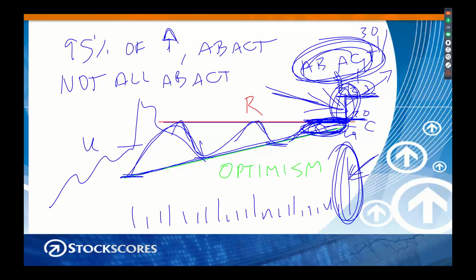So if you are an investor, longer-term trader, you're going to use a tool like Stockscores to find these stocks quickly. If you're a day trader, you would use something like the Stockscores Active Live service, where you can get real-time analysis of the market seeking abnormal activity in 1-minute increments.